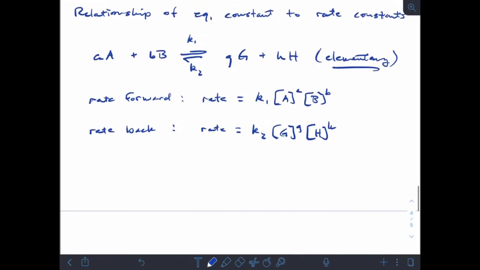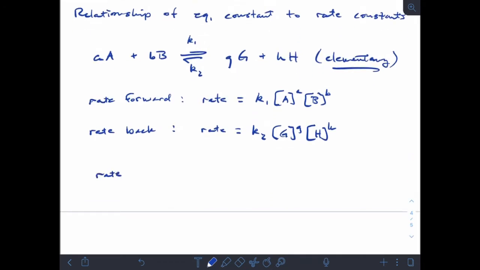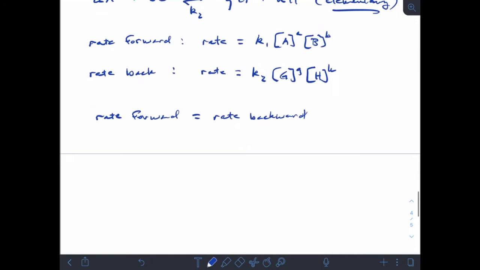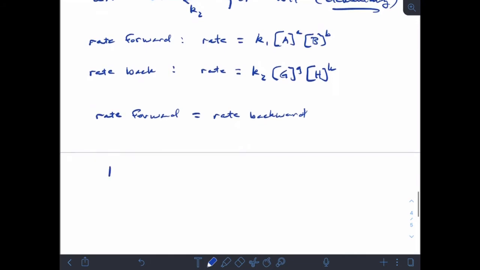So we're talking about equilibrium. So our rate forward equals the rate back, right? So I can write this as an expression where I put these two rates equal to each other. So I can say k1 [A] to the a power, [B] to the b power equals k2 [G] to the g power [H] to the h power.